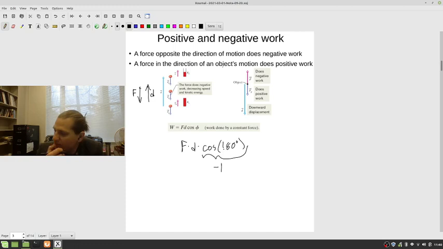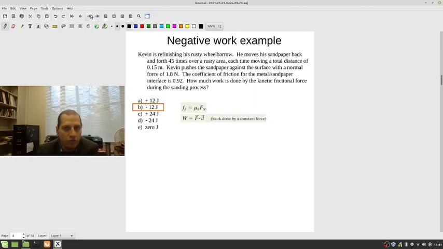But just thinking physically about it, it makes sense because this work is the thing that's causing your speed to change. If you're pushing on something in the direction that it's already going, you cause it to get faster. That's positive work. If something's coming towards you and you start pushing on it in the opposite direction, it gets slower. So that counts as negative work. There's nothing paradoxical about this. It's just a way of keeping track of what we mean.